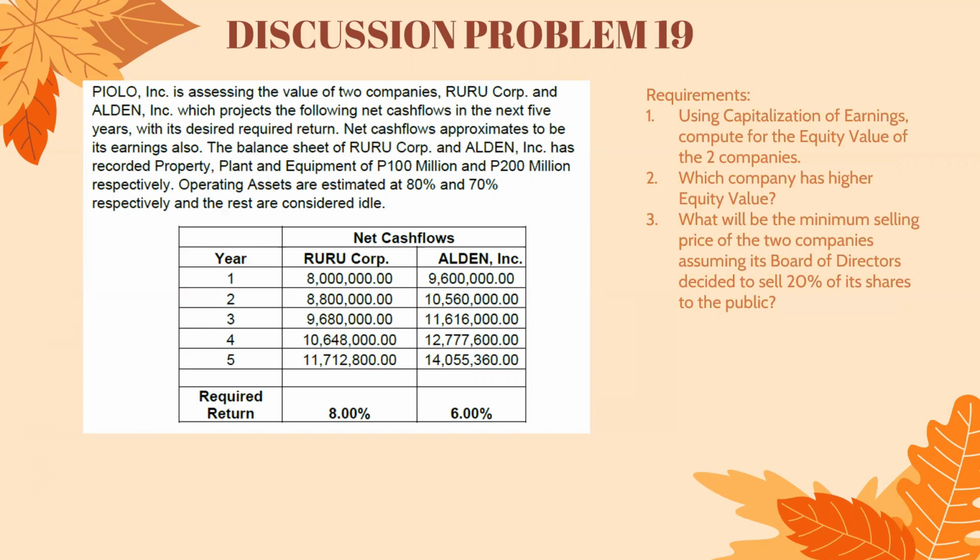Operating assets are estimated at 80% and 70% respectively, and the rest are considered idle. Now, given are the net cash flows for Ruru Corporation and Alden Incorporated, as well as the required return of 8% and 6% respectively.